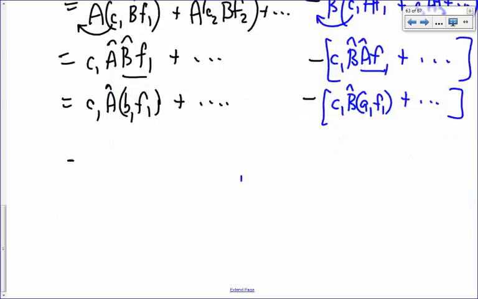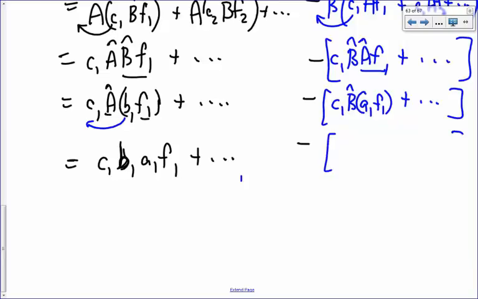And what do I have here? I can pull out my B1. It's a constant, so it's going to be C1, B1. What is A hat F1? A1, F1. Okay. Minus, what's this one? I can pull out A1, right? And what do I have here? B1, F1. B hat operating on F1 gives you B1, F1.